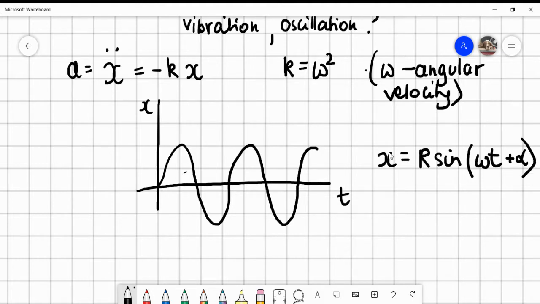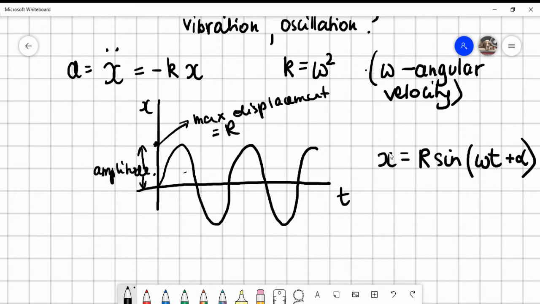This is just a graph of a sine graph that doesn't have plus alpha in here. So this value here is going to be the maximum displacement, and it's equal to r if you look at my graph. It's also called amplitude.